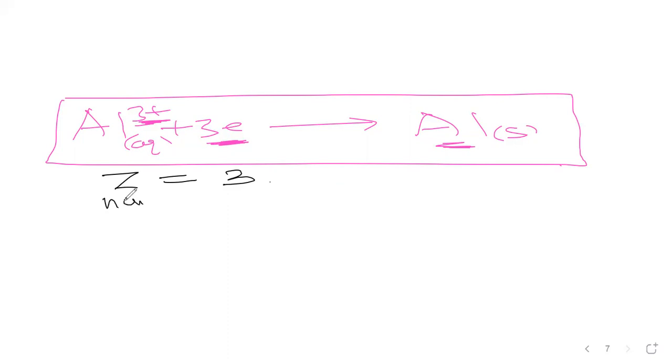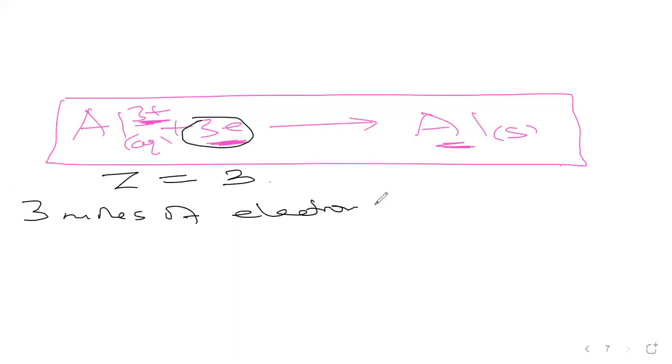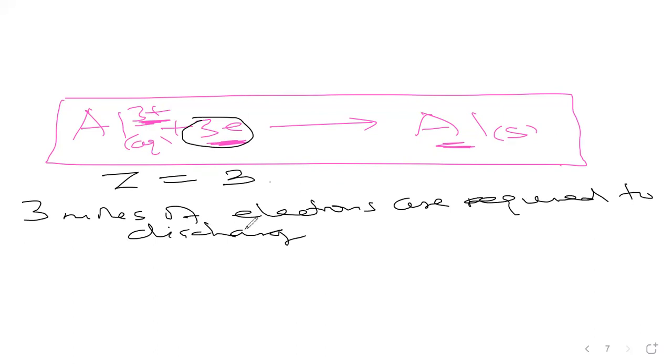The second information is that 3 moles of electrons are required to discharge 1 mole of aluminium 3 ion. That's the other information I'm getting from this same equation.